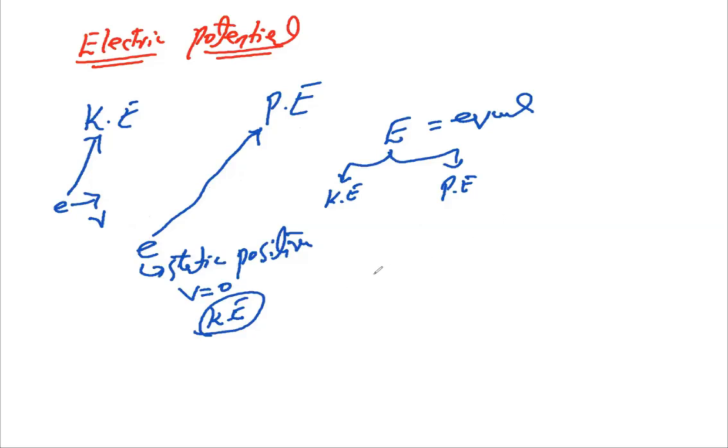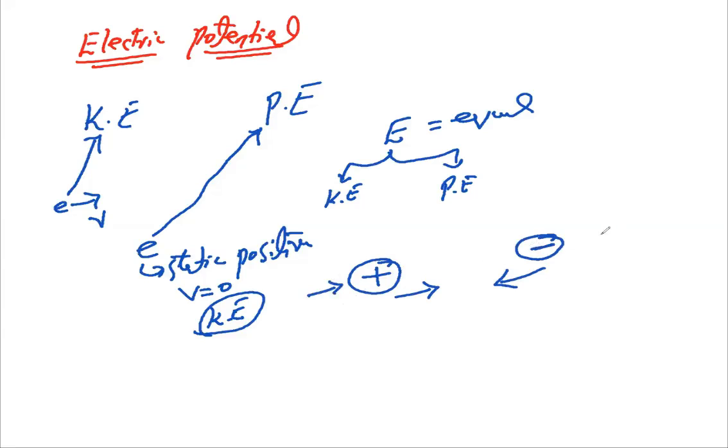Okay, so when we have two charges, and let's say here I have another charge that is negative, these two charges will attract each other. They will not require any external force to push them toward each other.